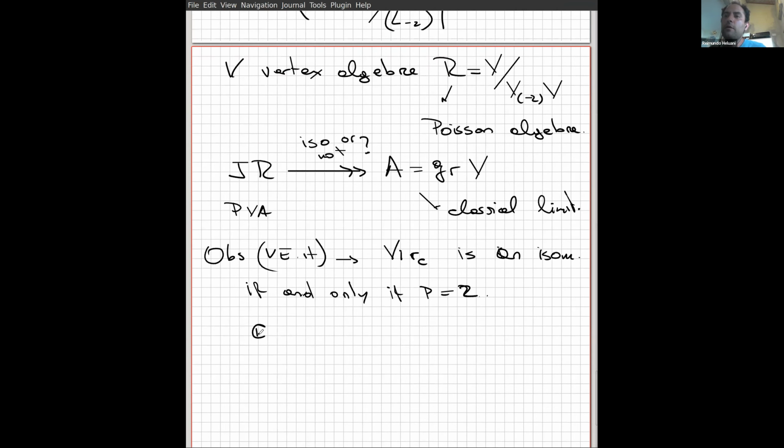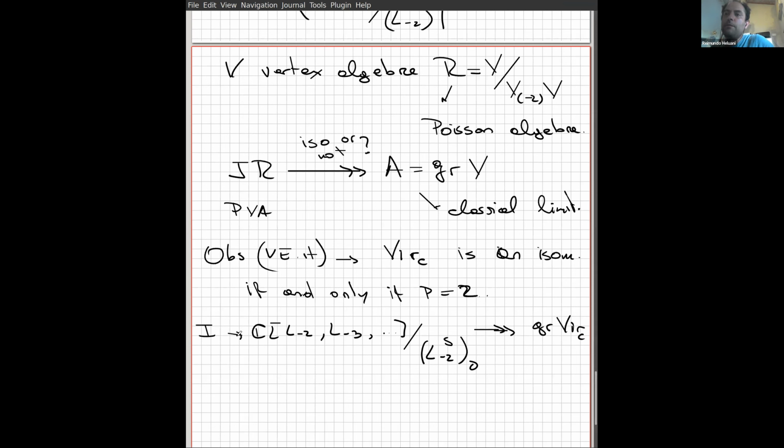So you have a polynomial algebra in L-2, L-3, and so forth. And you divide by L-2 to the S. And this surjects into this associated graded to Vir C. And the kernel is non-trivial. This is a differential ideal.